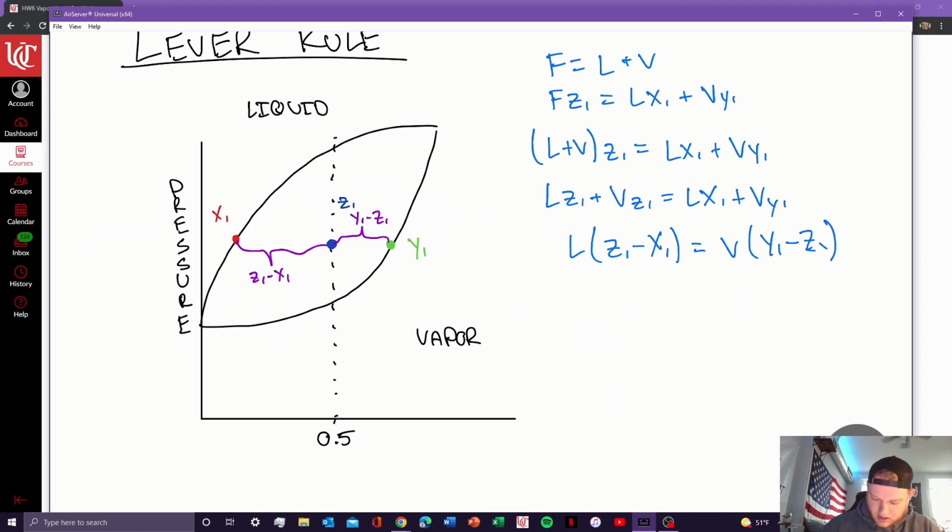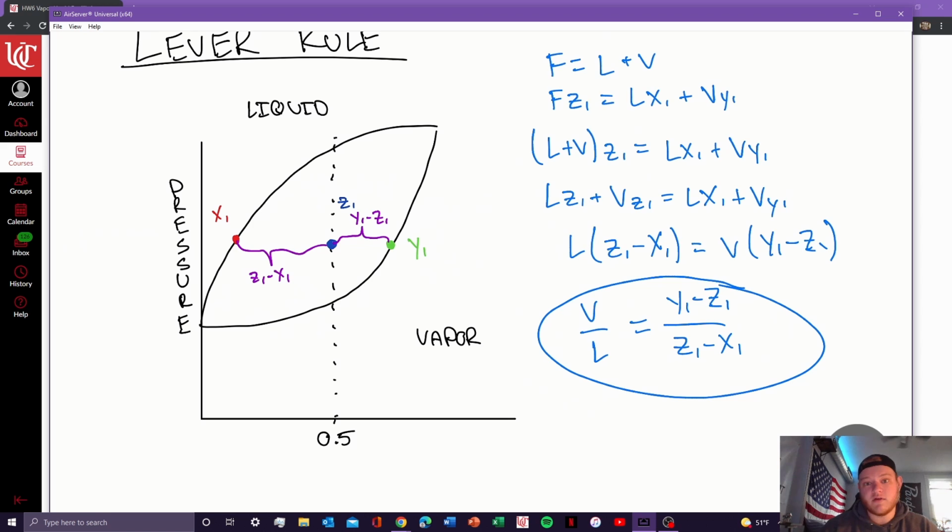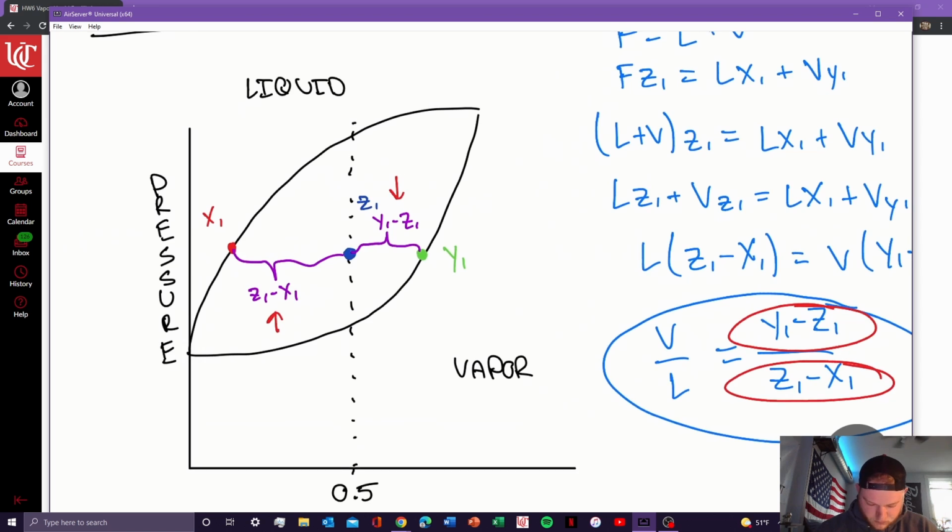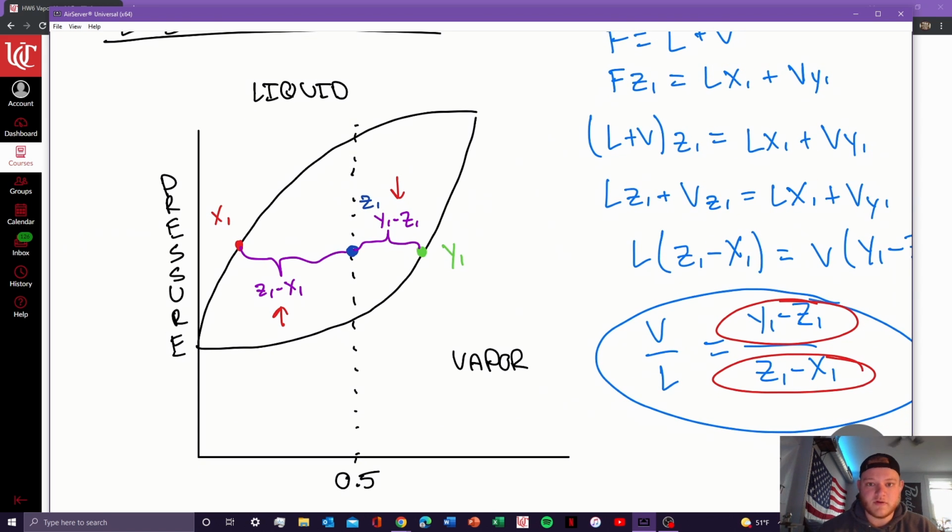Then we can get L and V on the one side. And there is the derived lever rule. So, as you can see, these two portions of the lever rule correspond directly with the differences in the vapor and liquid portions of our system.